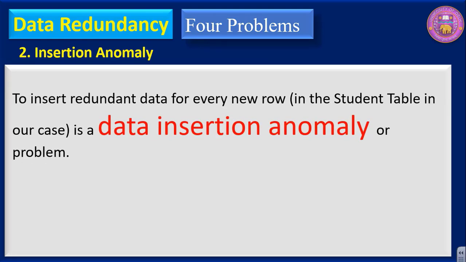To insert redundant data for every new row. If we are inserting redundant data for every new row, as you have seen in the case of student table, then this insertion of redundant data in every new row is a data insertion anomaly.